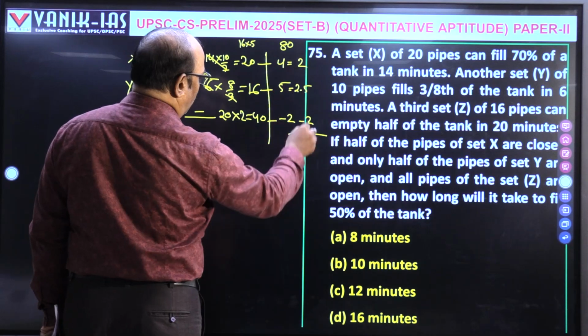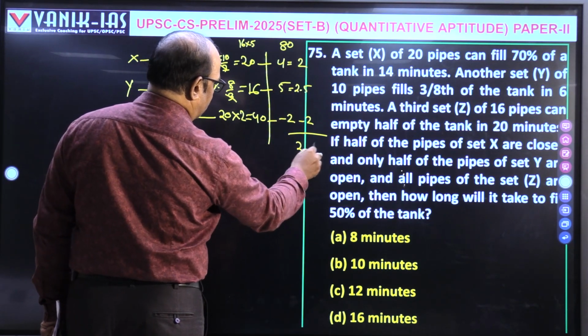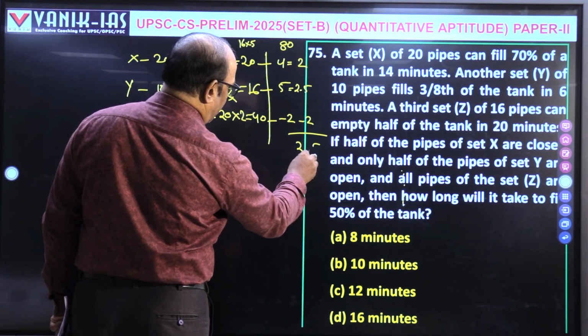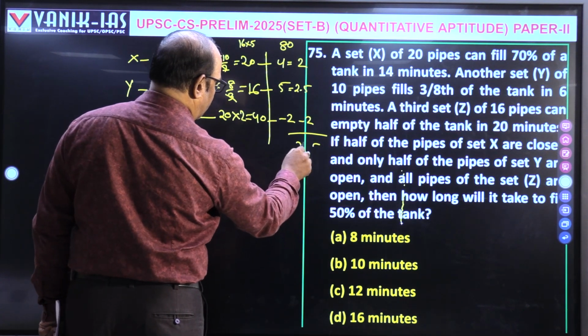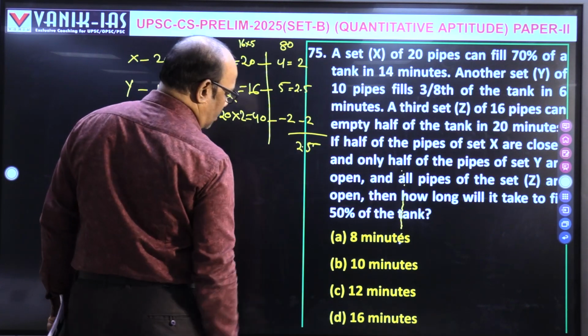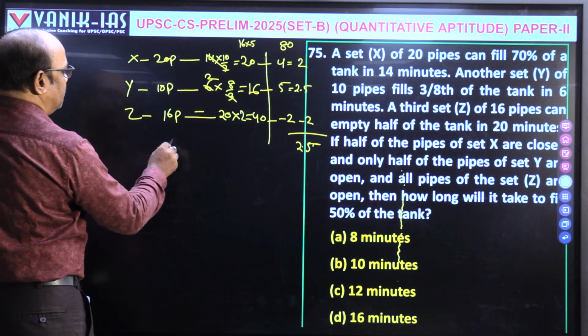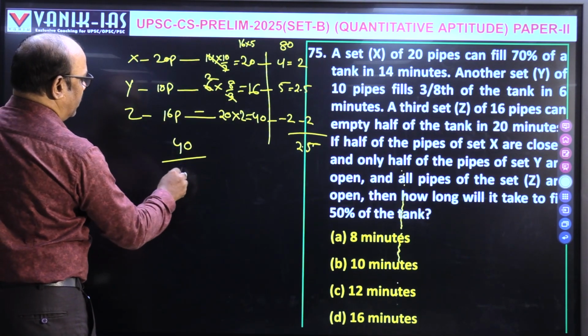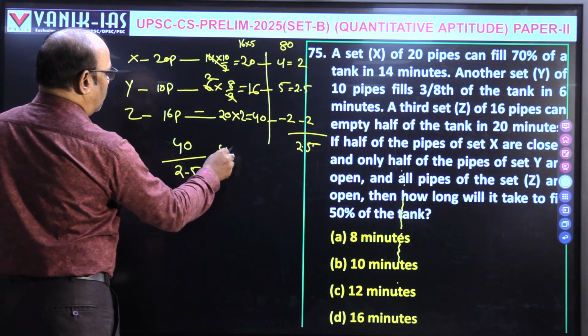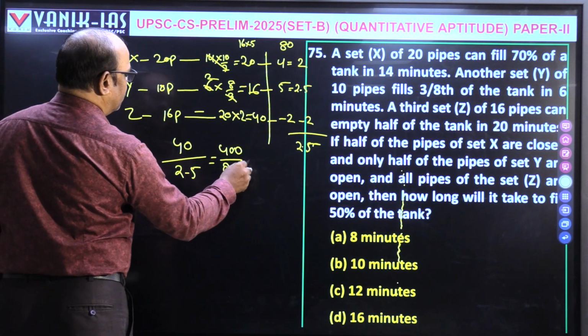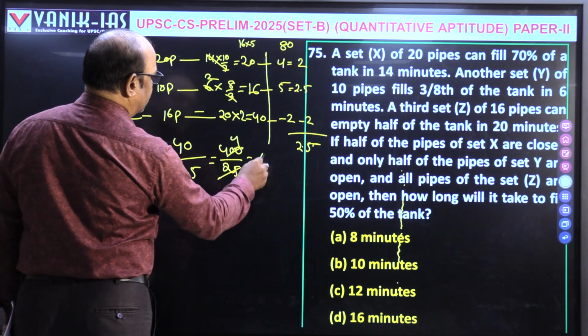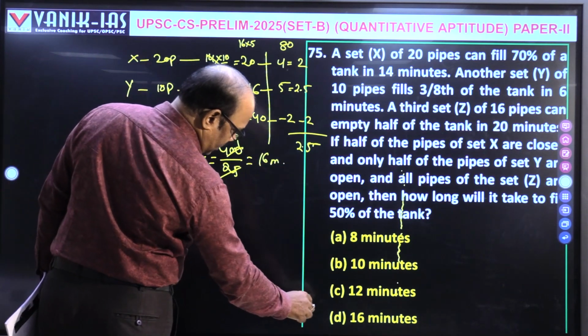So how much will flow? That is 2.5 liters. The question is, how long will it take to fill 50% of the tank? 50% means 40 liters. So 40 liters by 2.5, 400 by 25, 16 minutes. So the option is 16 minutes, option D.